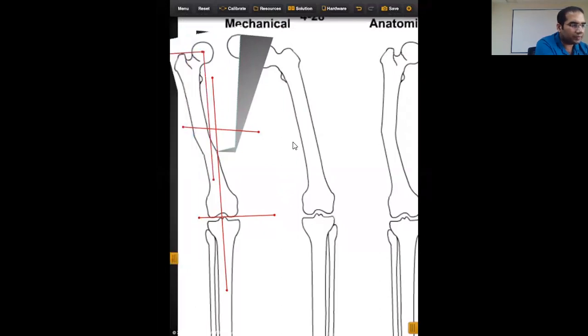Now what has happened? The deformity has been corrected in a sense that these two lines are parallel. The joint orientations have been restored.